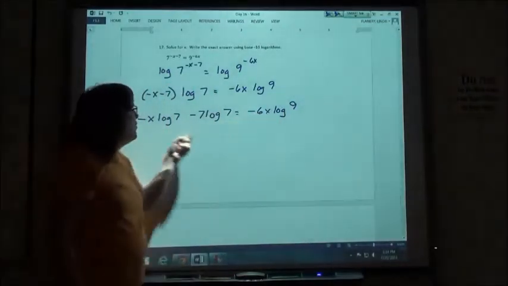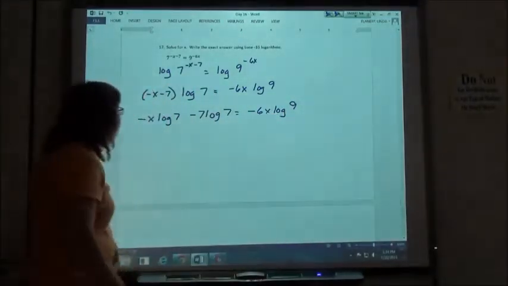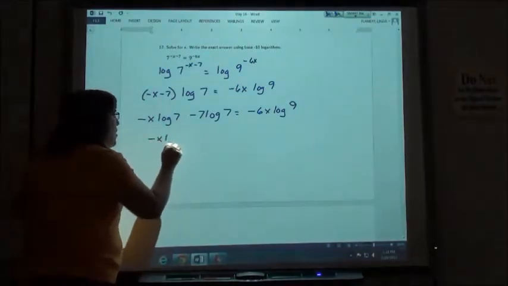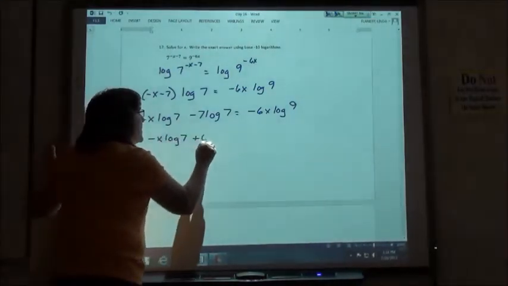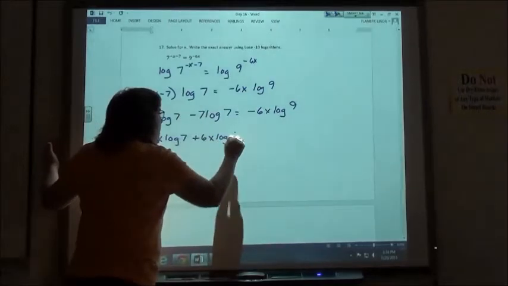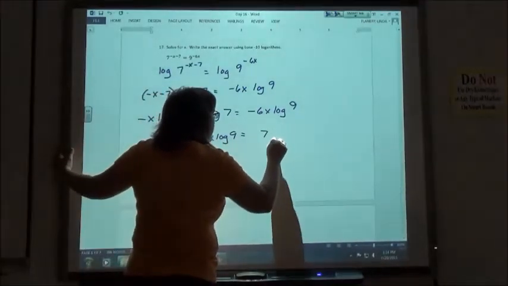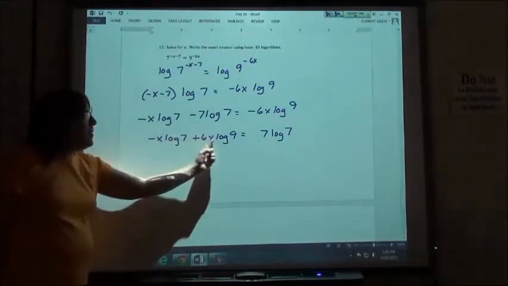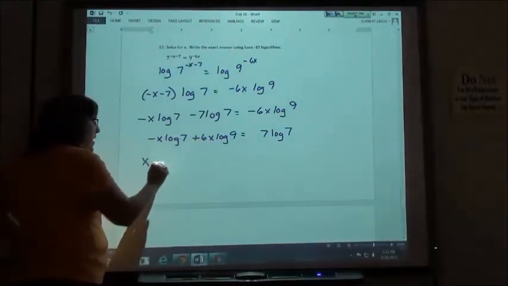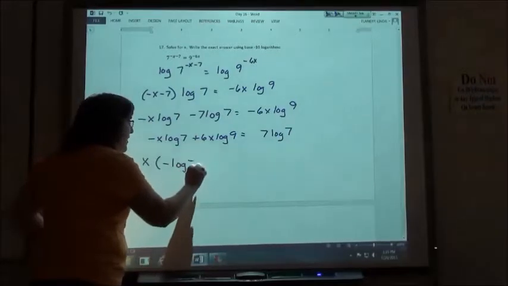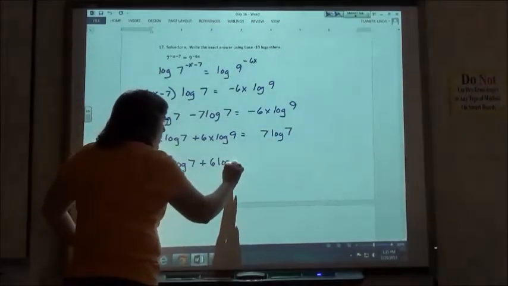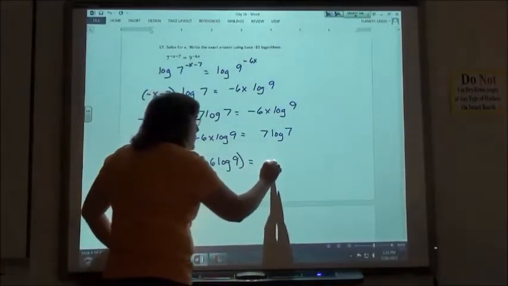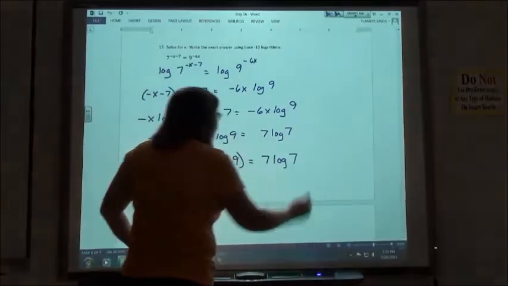I want to move my x over here, anything without an x over there. So negative x log of 7 plus 6x log of 9 equals a positive 7 log of 7. Going to factor my x out. So x times negative log of 7 plus 6 log of 9 equals 7 log of 7.